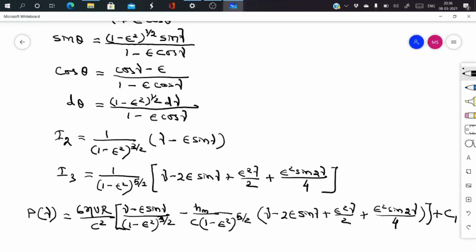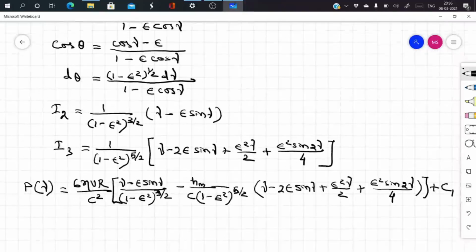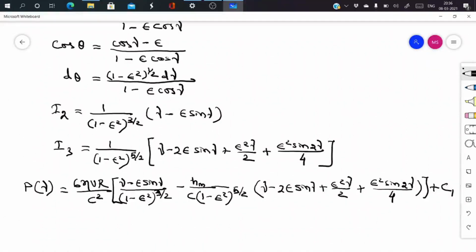Now in this equation you can see very well that there are two constants remaining to be evaluated. One we took initially, which is HM. Another is the integration constant C1. So C1 needs to be evaluated for this.